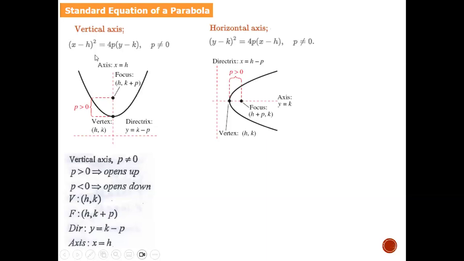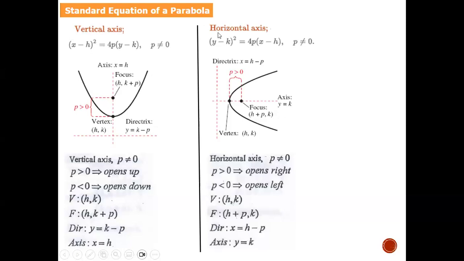If the p-value is less than 0, you see a negative out here, the parabola is going to open down. Your vertex from the formula is (h, k). For the focus, the first coordinate matches the vertex h, but then it goes up, so the focus is (h, k + p). The directrix is the line y = k − p. The axis that goes through the vertex and the focus is x = h, because it's a vertical line. So we have all that important information.